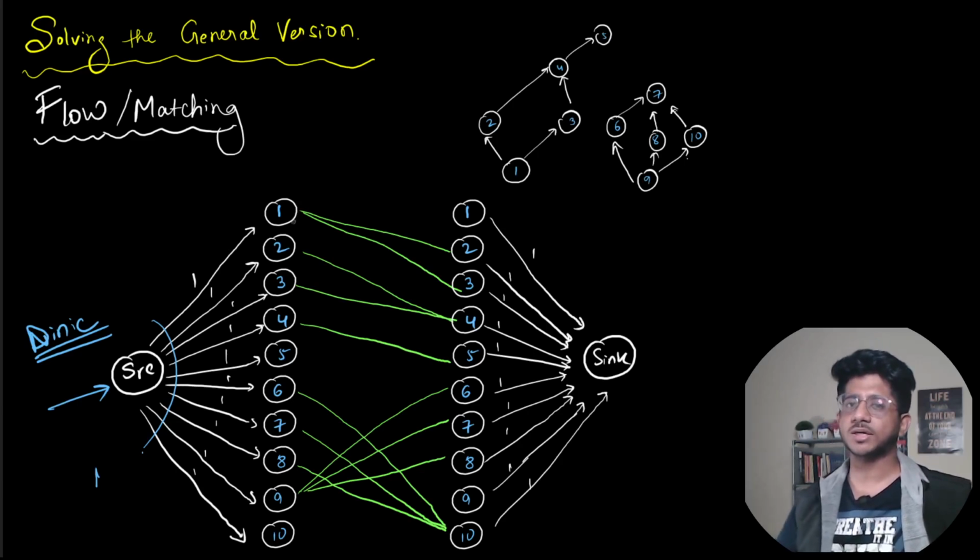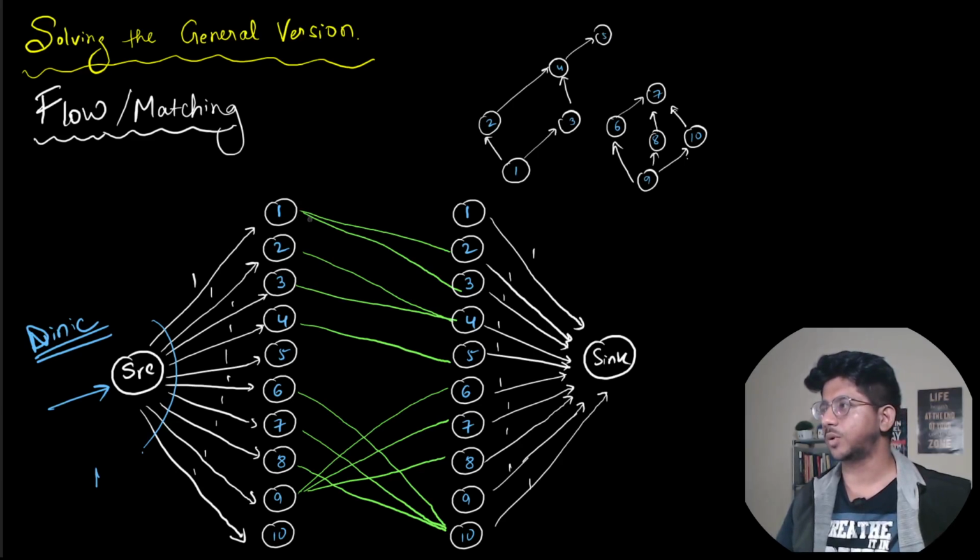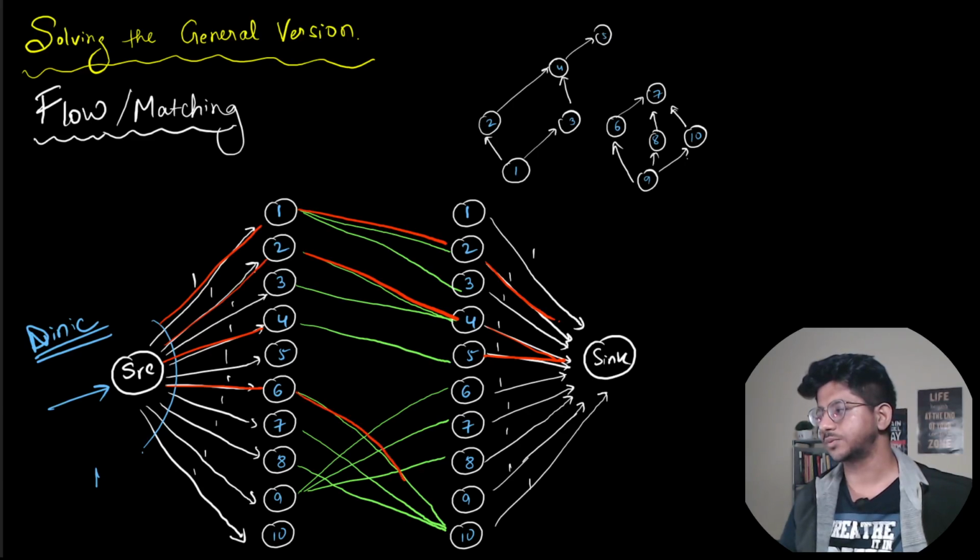And if you understand what is going to be the number of chains, let's say you find a matching, so I'm going to print out one matching. Let's say 2 matches with 4. 3 goes like this, since 4 is already taken, so this edge is now full. Then 4 to 5 is possible. Then 6 to 10 is possible.